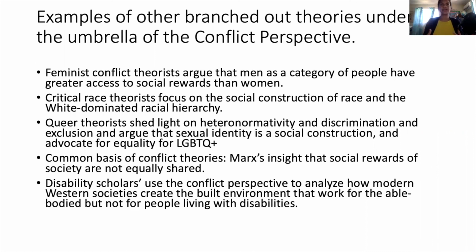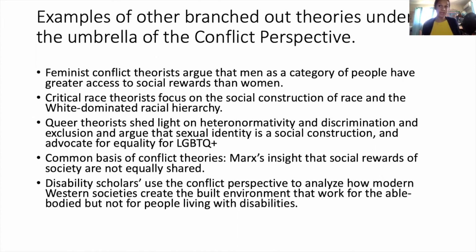Critical race theorists focus on the social construction of race and how race brings discrimination and exclusion from resources of society. And one of my favorite theories, queer theories, shed light on heteronormativity and discrimination against the LGBT community. Okay, and it also has a social change agenda.